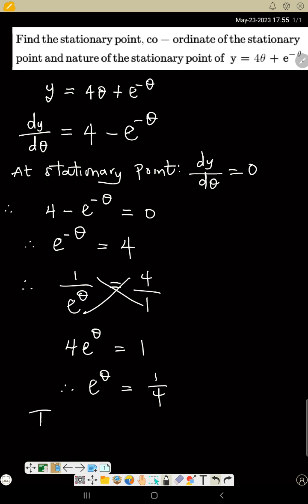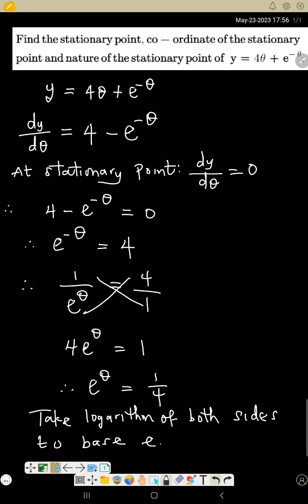So you take the logarithm of both sides to base e.